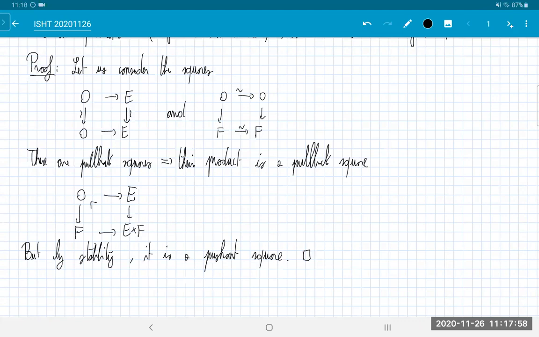And well, that's actually the thesis. Because what is a push-out along the initial object is just a coproduct.